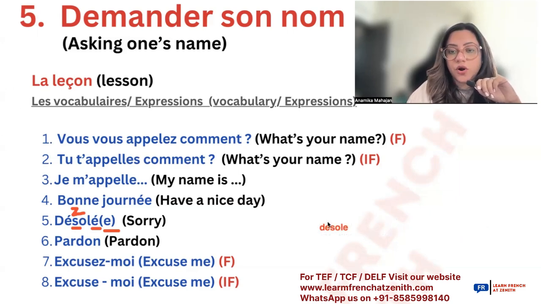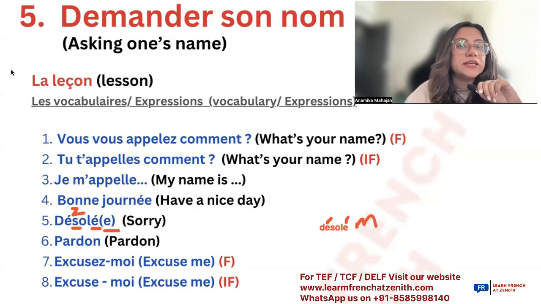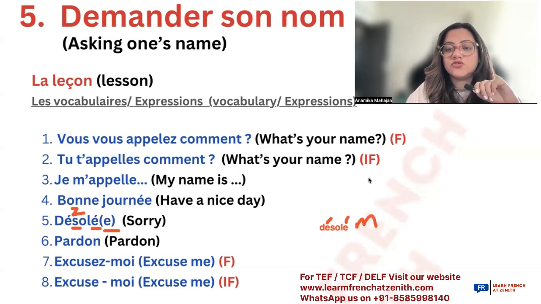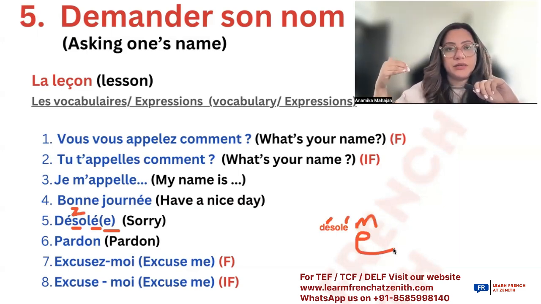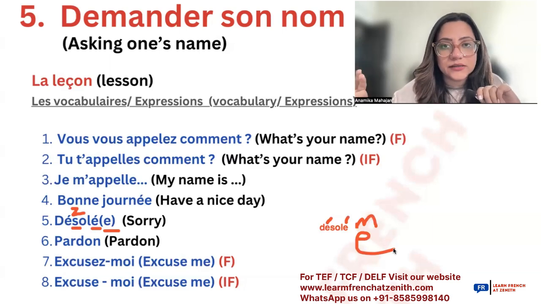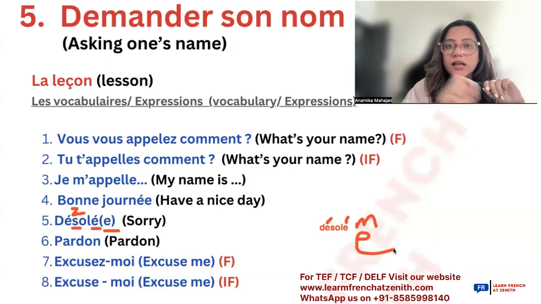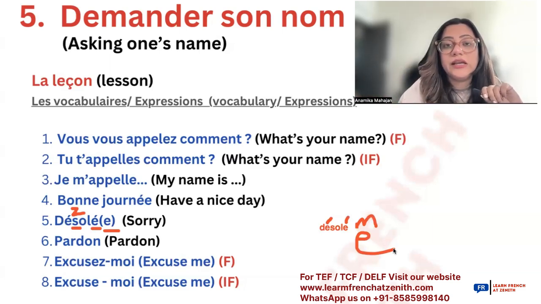This is for a man. But if a female says, I'm sorry or sorry, she will add this extra E with the word. It doesn't matter whom we are speaking to. It depends on the speaker. If the speaker is masculine, he would write D-E accent aigu, S-O-L-E accent aigu.